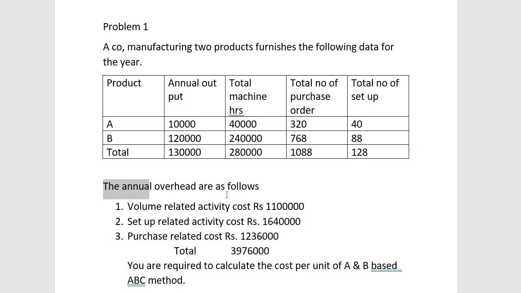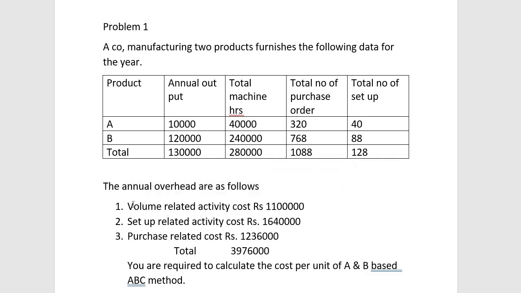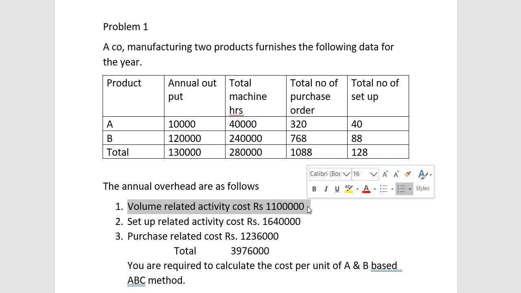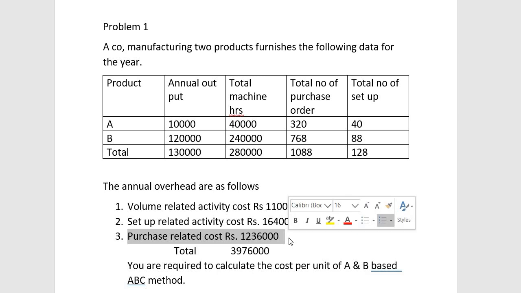So this is the annual overhead as follows. The annual overhead is the annual expenses. The first is volume related activity cost, that is 11 lakhs. Setup related activity cost 16 lakh 40,000. Purchase related cost 12 lakh 36,000.